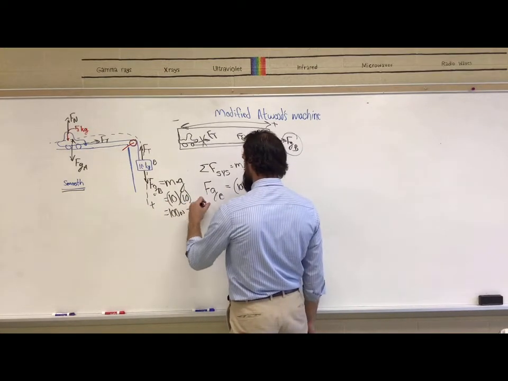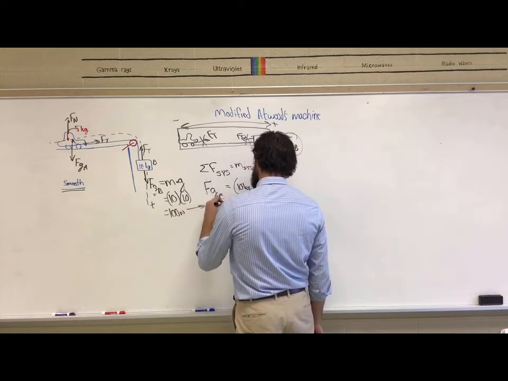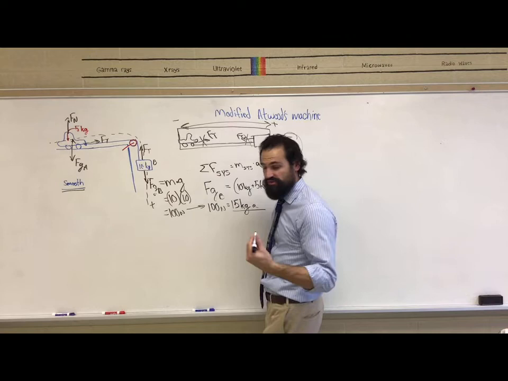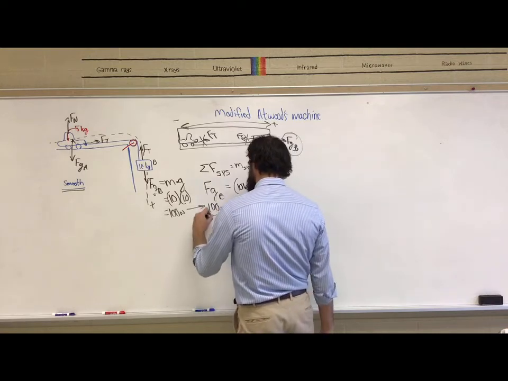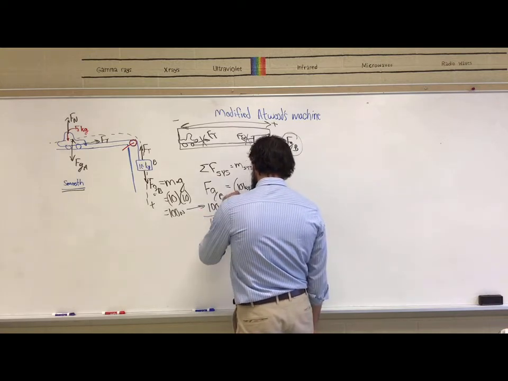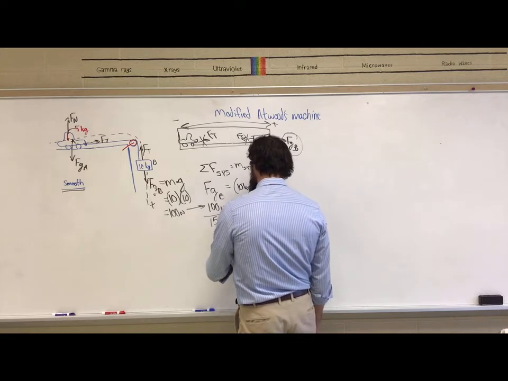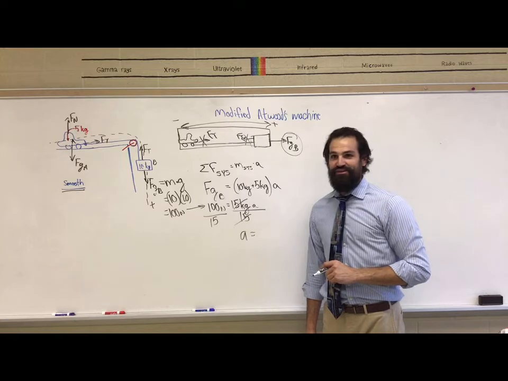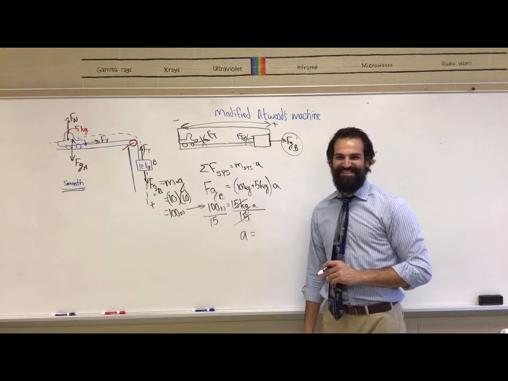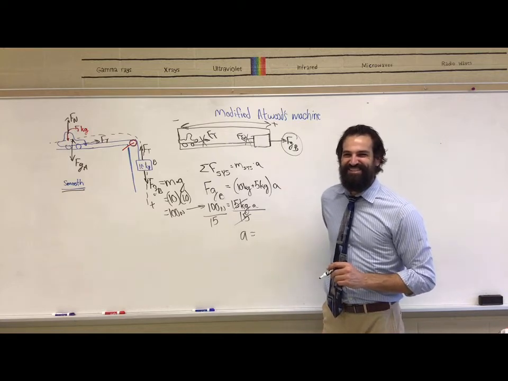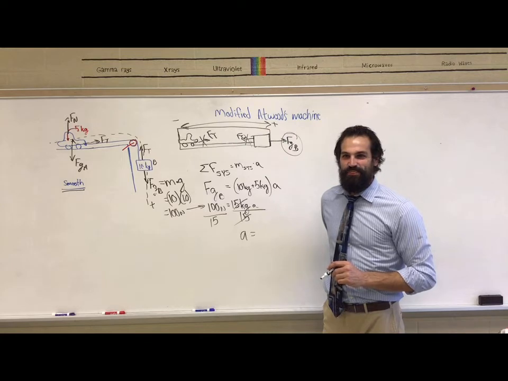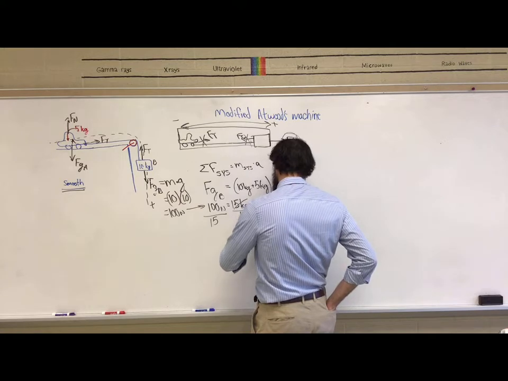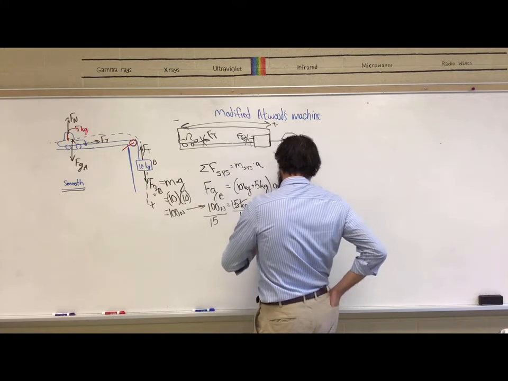And we can plug that in for FGB. 100 newtons equals 15 kilograms times acceleration. To solve for A, we just divide both sides by 15 kilograms. And when you do that, you're going to get an acceleration equal to 6.67 meters per second squared.